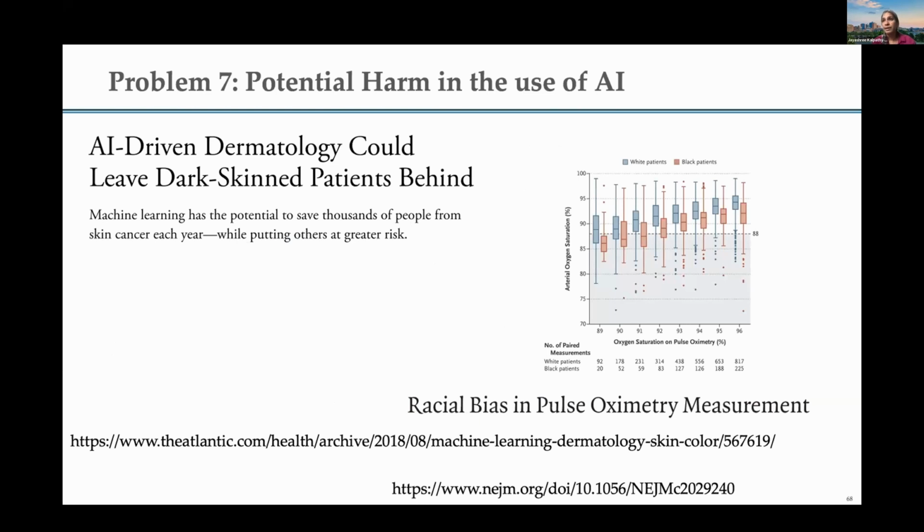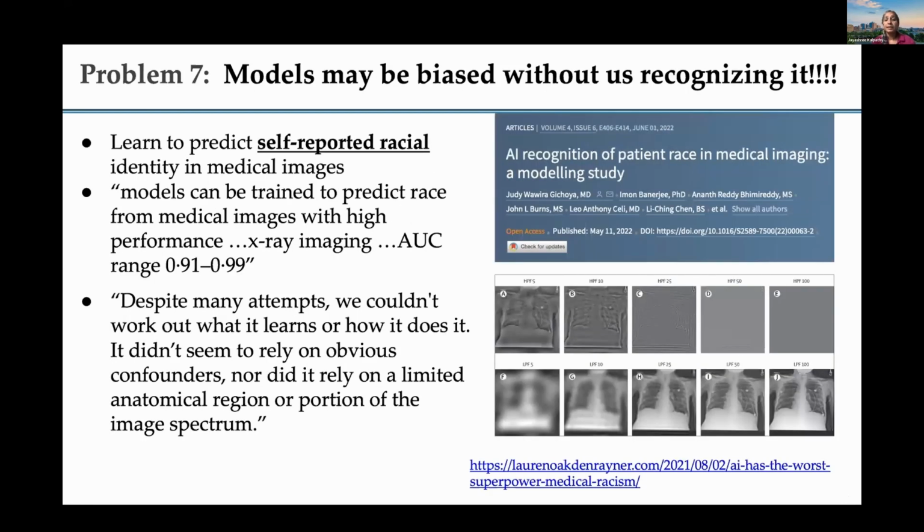Especially with melanoma and so on, many of these models in dermatology perform substantially worse in darker skin patients. We saw that during COVID when the pulse ox was not as reliable in darker skin patients. So making sure that the models work for all of the populations in which they are intended to be used is really key here.